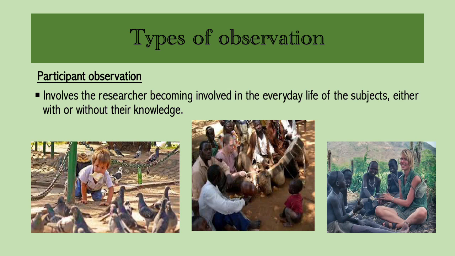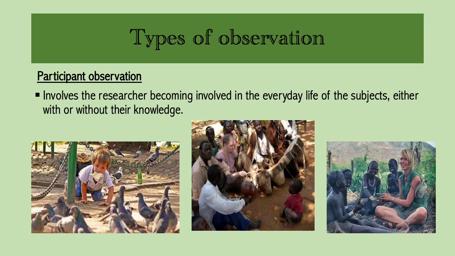Either they live there, they live with the participant, they act like the participant. This is with or without their knowledge. Sometimes they would tell that they are observing, sometimes they don't. But if you notice, in naturalistic observation, the researcher is not involved in the environment. They just watch from afar.